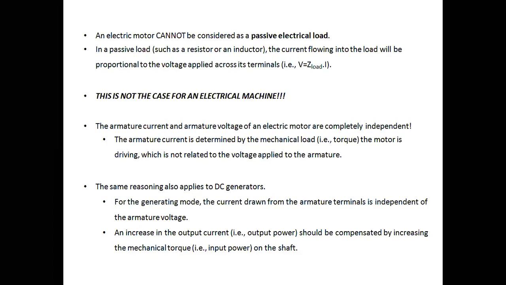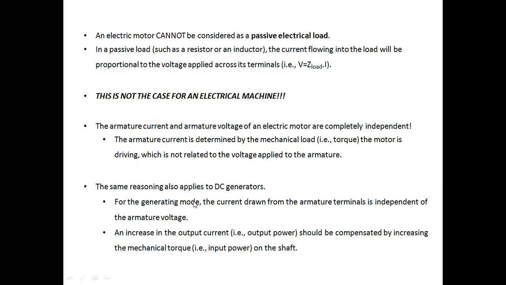We will see tomorrow. So what we are saying, the armature current is determined by the mechanical load. This is nothing but the torque, which is not related to the given voltage. So we can take this for DC machine, DC generator, DC motor.